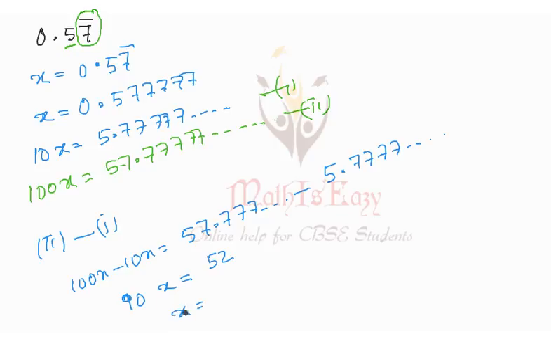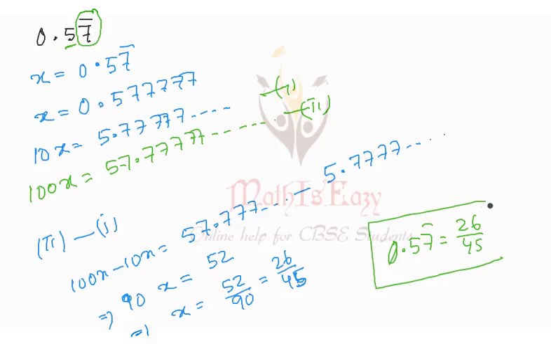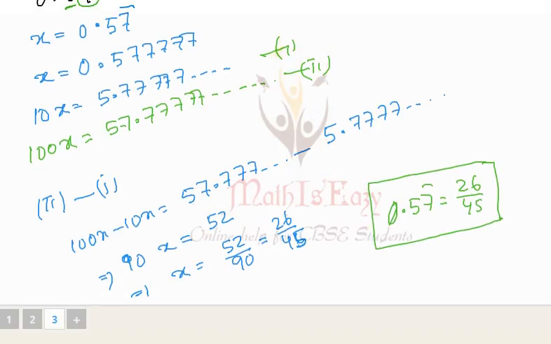That means x will be 52 by 90, which equals 26 by 45. So if you convert the recurring decimal 0.57 bar, you will get 26 by 45 as your answer. This is the third kind of question.